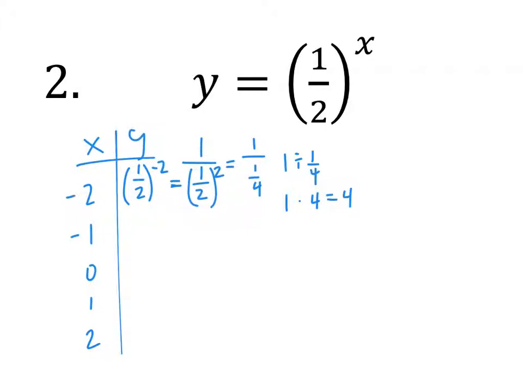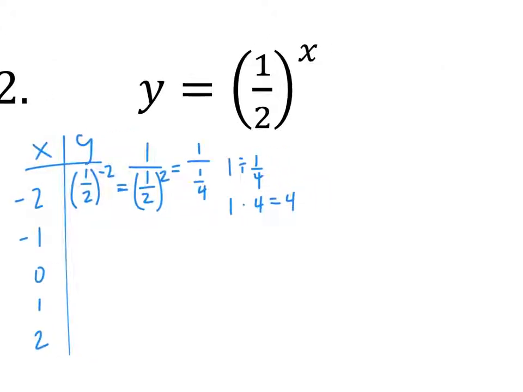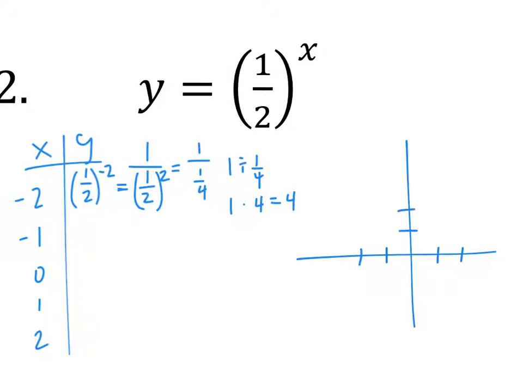All right, fill out the rest of this chart and then graph it. Let's look at the numbers. 1/2 to the -1 is 2. 1/2 to the 0 is 1. 1/2 to the 1 is 1/2.